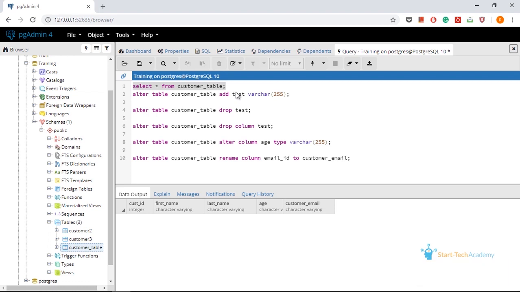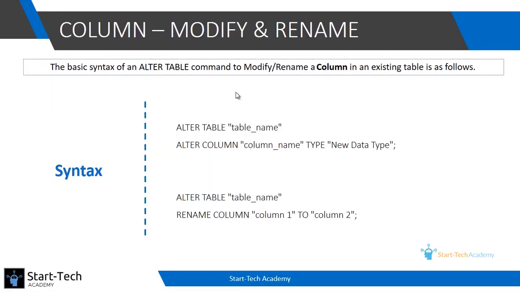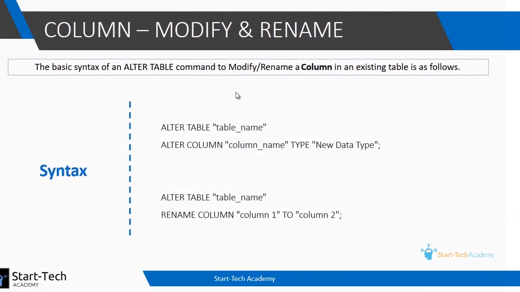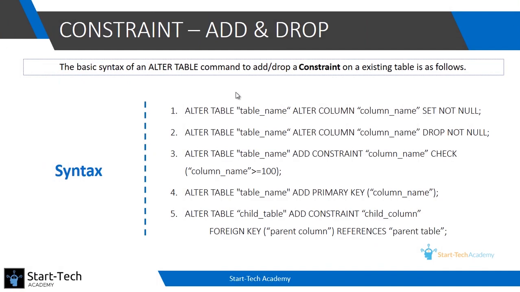Now let us look at how to add or delete a constraint. So till now we did not have any constraint on any of the columns. If I want to add a constraint such as my first name or the customer ID cannot be null, so that whenever I'm getting the data entered from any source, my database checks and confirms that it is conforming to the specified constraints.